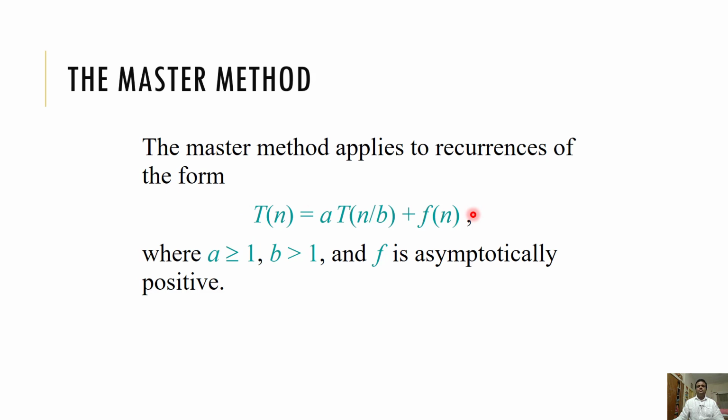Here a is greater than or equal to 1, b is greater than 1, and f is an asymptotically positive function, meaning f(n) is greater than 0 for all n after some n0. So basically for large n, f(n) is always positive.